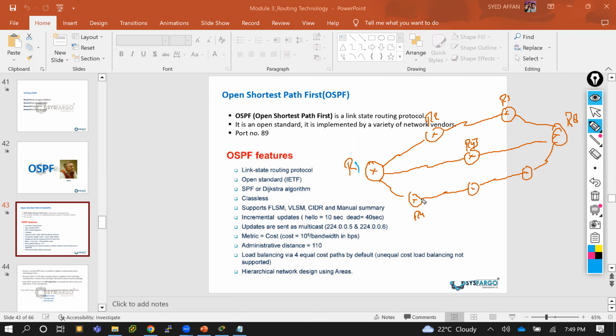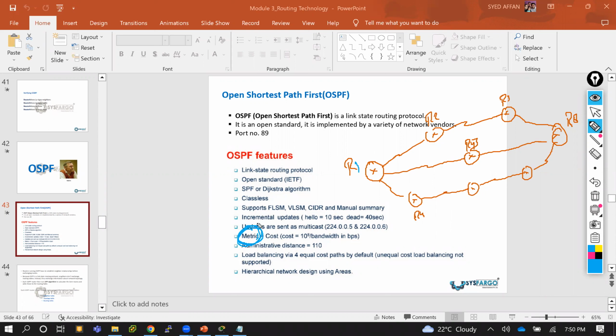Now, when you have multiple paths to reach the destination, the routing protocol selects the best path. Which is my best path to reach the destination? Okay. Now here, how will it select the best path? Based on the metric. Every routing protocol has its own metric.